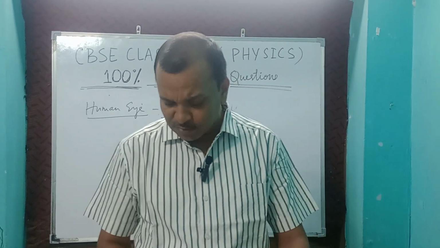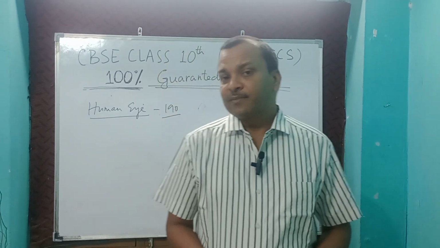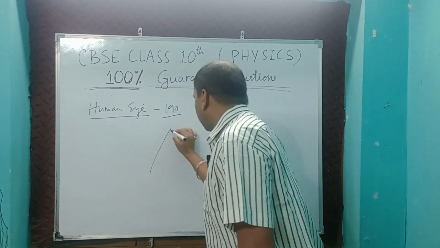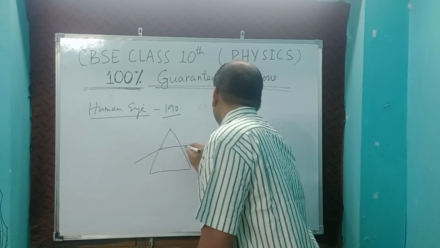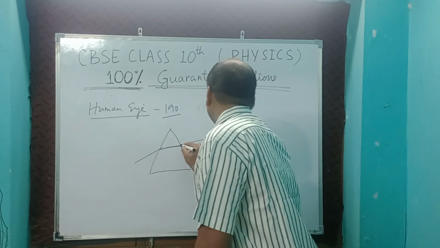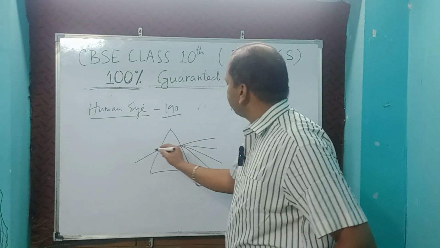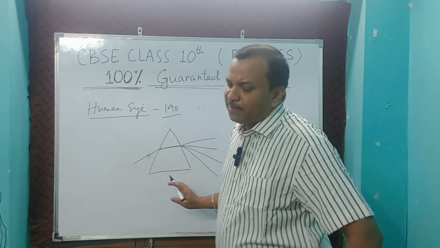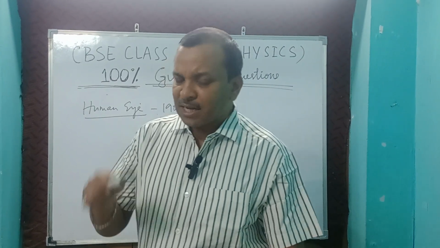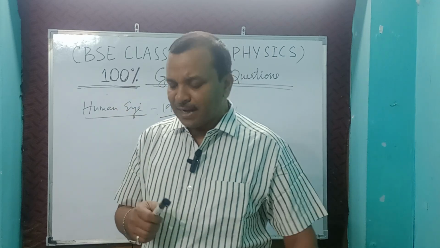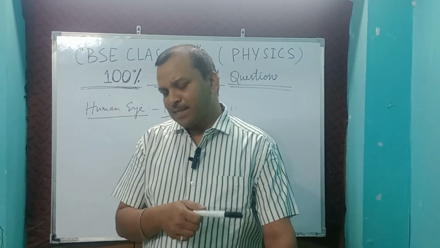Next one is on page number 193. This diagram I have already shown, the prism diagram. Dispersion of white light by a glass prism.